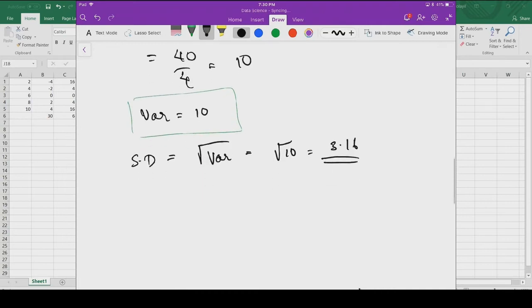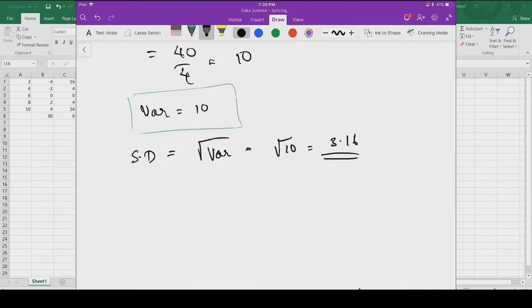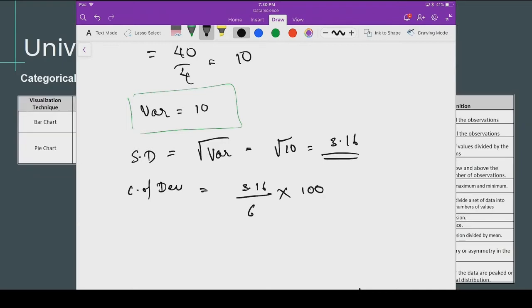And finally, we have one more measure, that is coefficient of deviation. That can be represented as 3.16, which is the standard deviation, divided by the mean, that is 6, times 100. So this would be approximately 50 to 52%. Let's take a simple number, 52%. So we have three numbers.